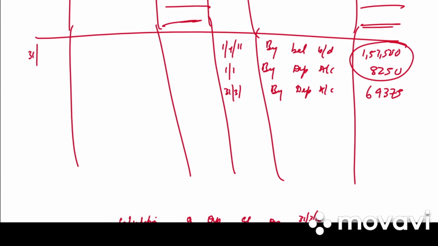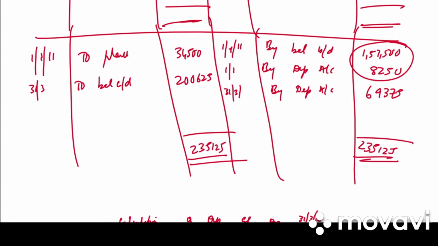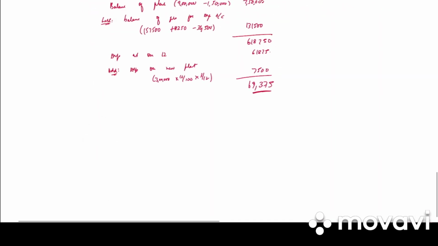Then on 1st December 2011, we have to plant account 34,500. On 31st March, to balance carried down 2,35,125. 2,35,125. Again, go to your working note.